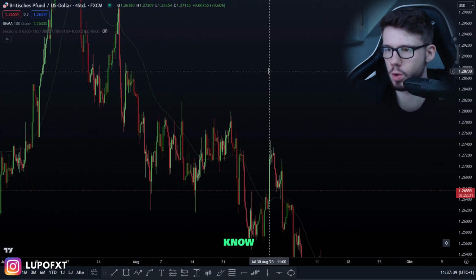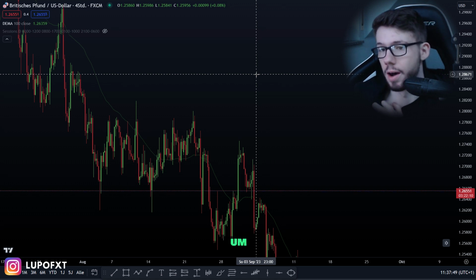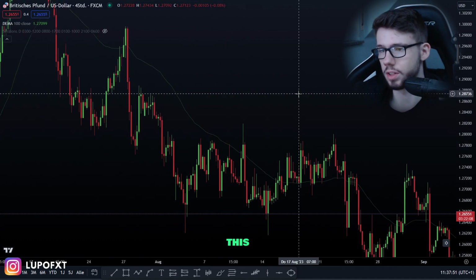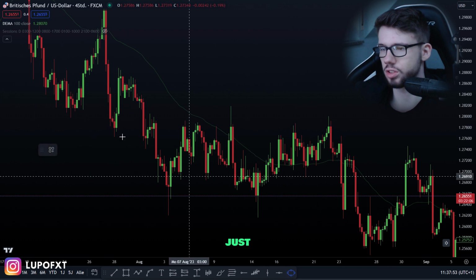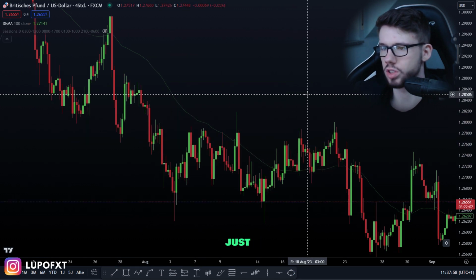So now that we know that we are on the 4 hour, because that's where I want to look for essential key levels, because the higher the time frame, the more powerful the key level, from my experience at least. So something like this, for example, let's just assume that this is the current price range. What I would be doing right now is looking for pivotal points in which price, for example, rejected all the time.